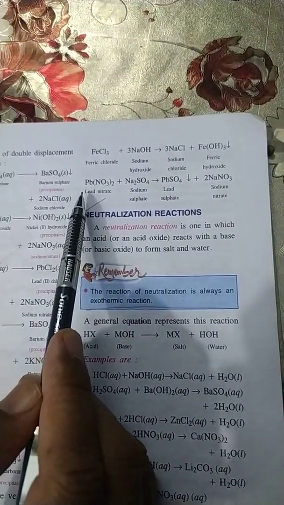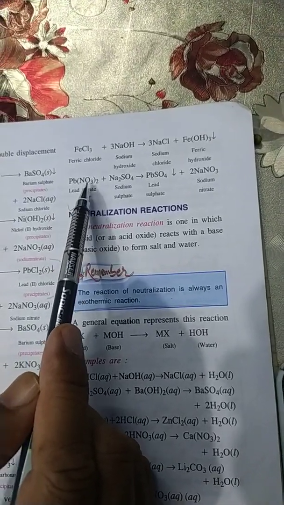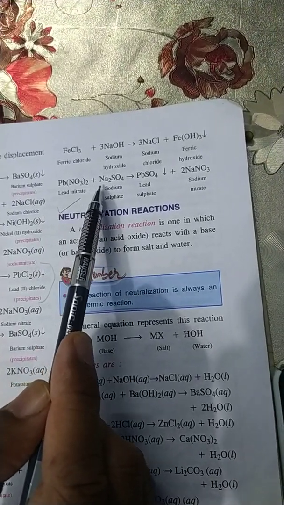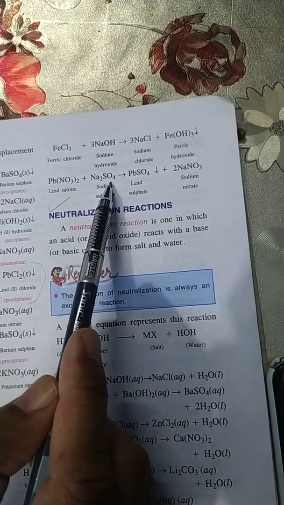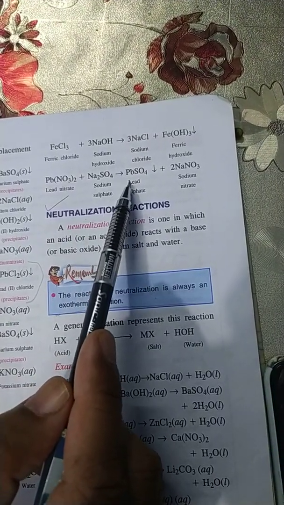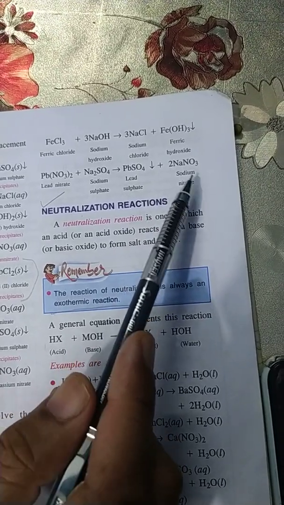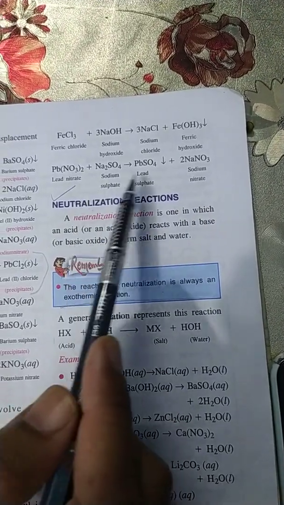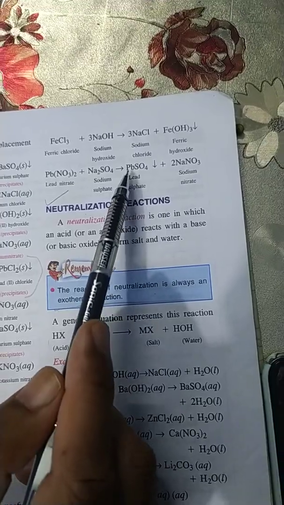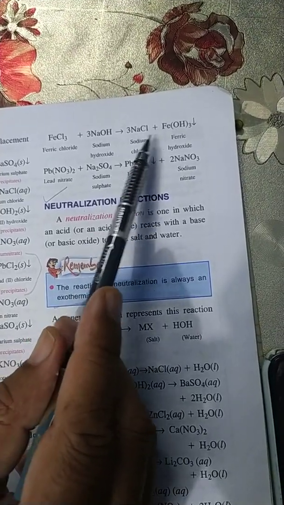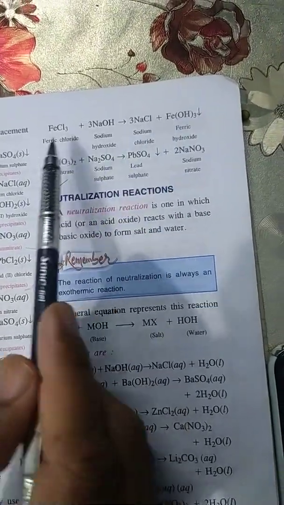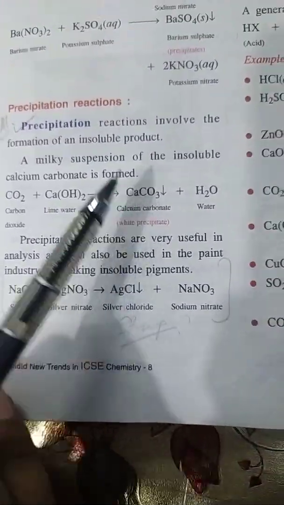Likewise, another example is of lead nitrate, which combines with sodium sulfate to give a precipitate lead sulfate and also a compound sodium nitrate. So these were all precipitation reactions where precipitates are formed like lead sulfate, iron hydroxide, AgCl and calcium carbonate. All these precipitates were formed.